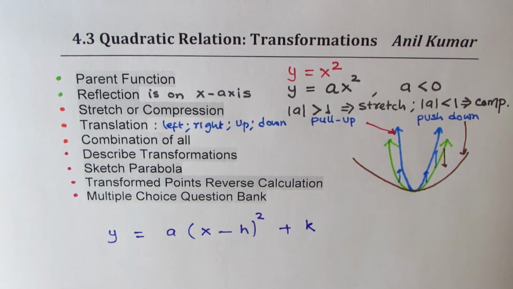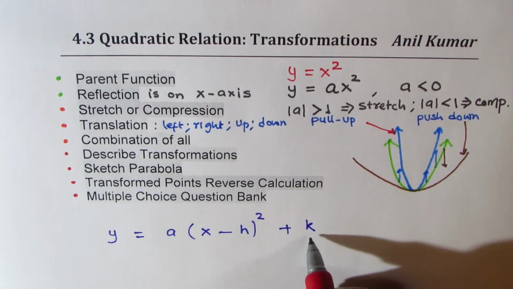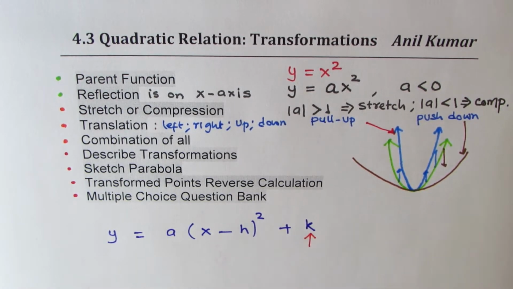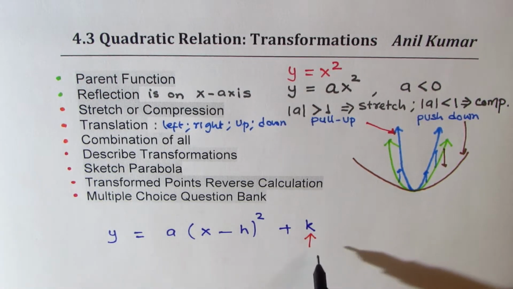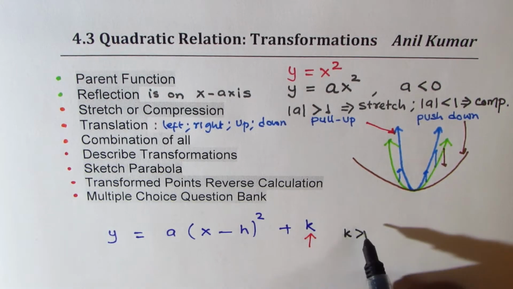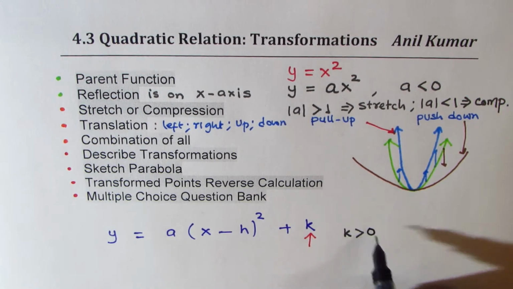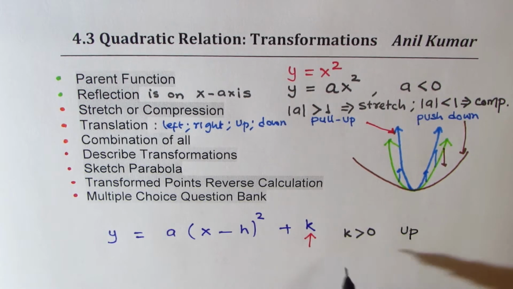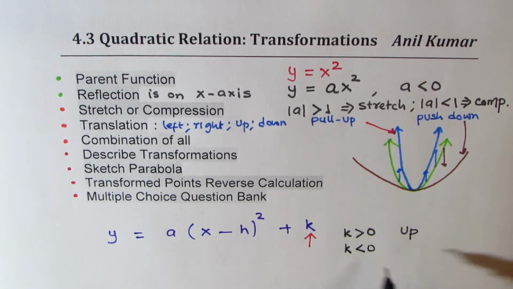The value of k will indicate whether you translate up or down. If k is positive, greater than 0, it means up. And if k is less than 0, it means down. So this is that factor.